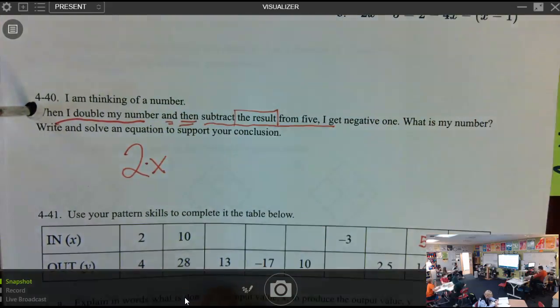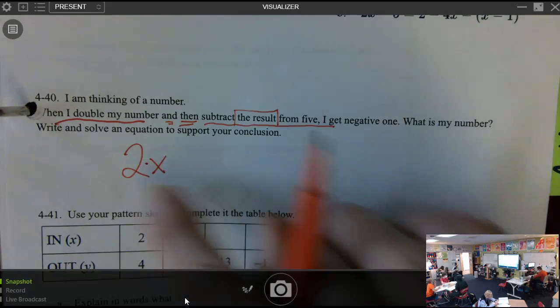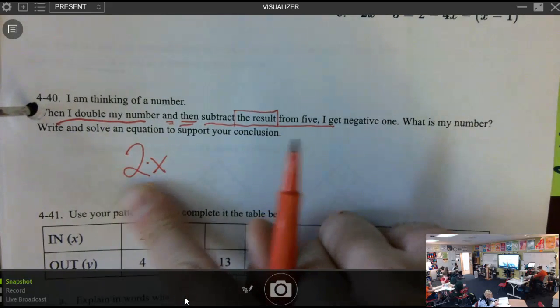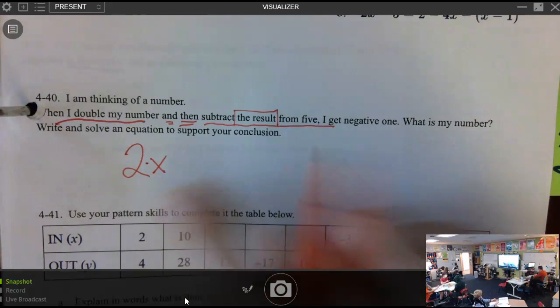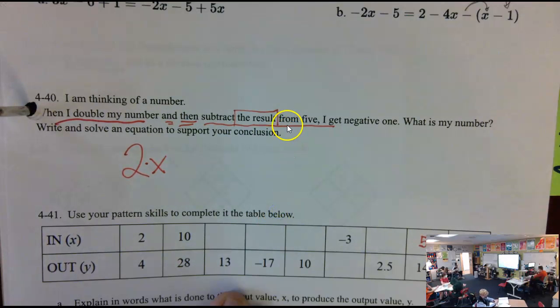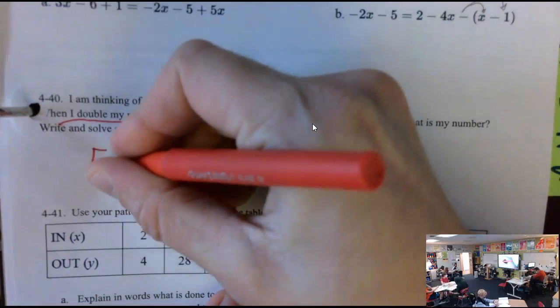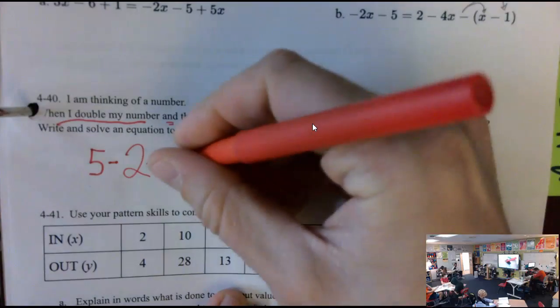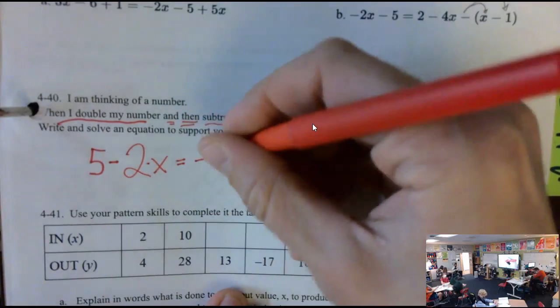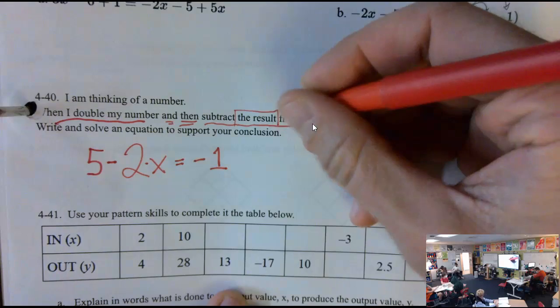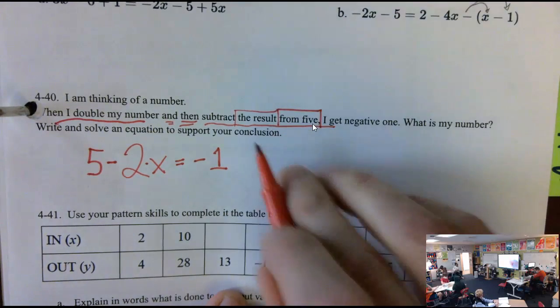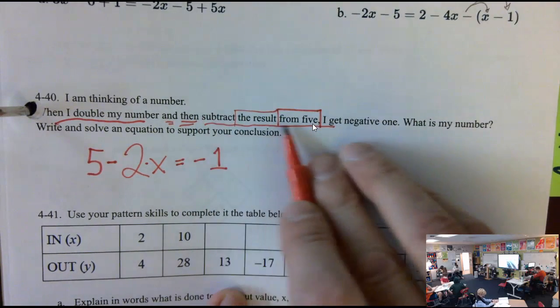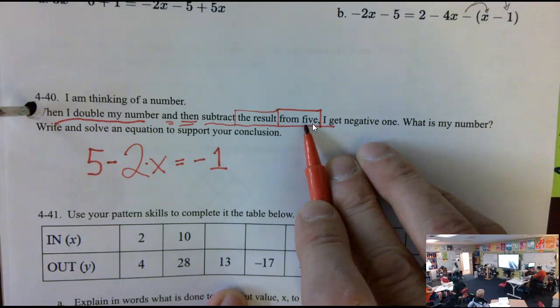If we call our number x, that doubling of the number is what is subtracted from 5. So it's actually this, and that's what I got wrong. It equals -1. It's all that phrasing. The result is subtracted from 5.